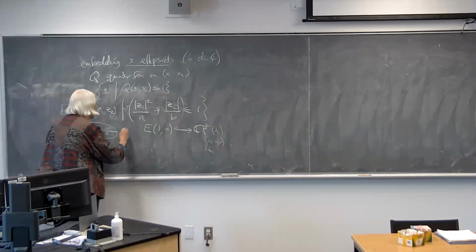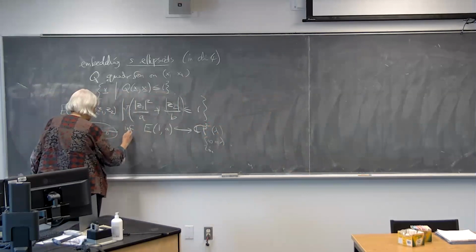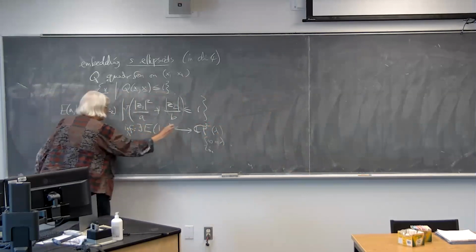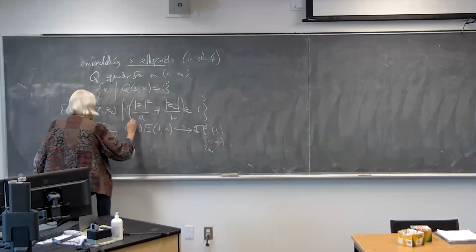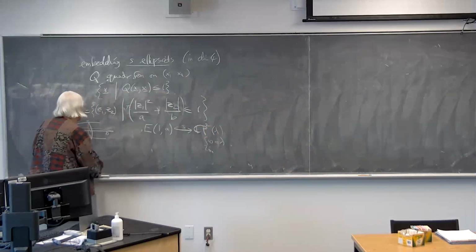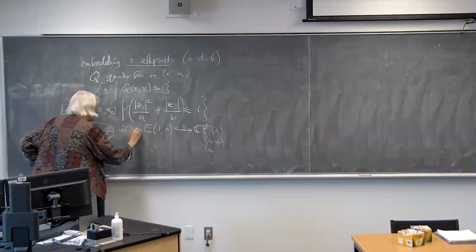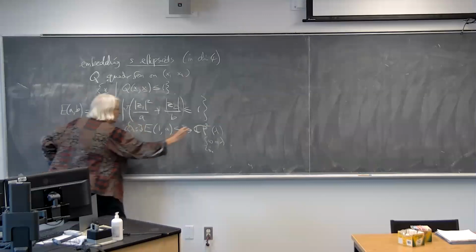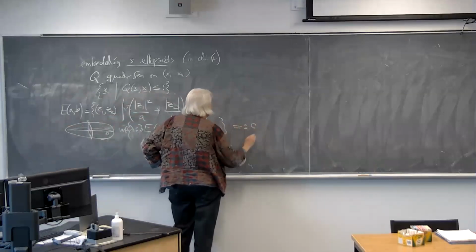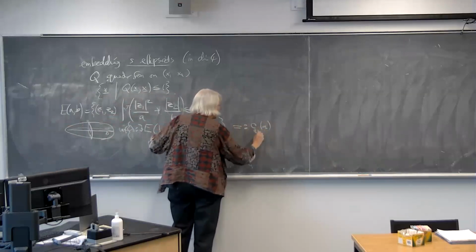We can fix a and look at the infimum of lambda such that there exists a symplectic embedding, and that we can define to be the function c(a), the capacity function for CP2.